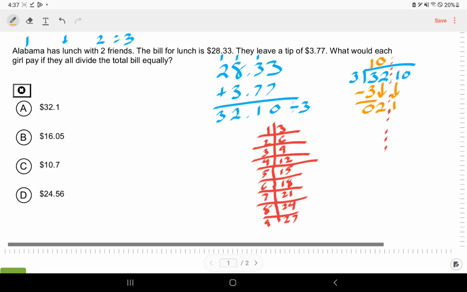Closest I can get to 21 without going over is 21. And so that's a 7. And so bring down my 0. And that's a 0, and so it's $10.70, so 10.7.